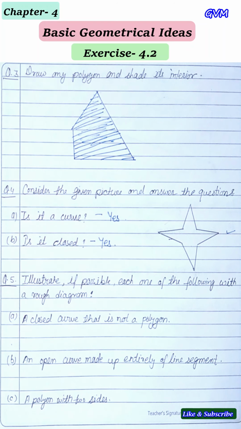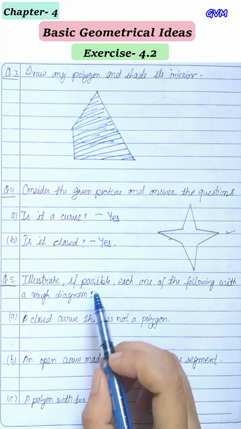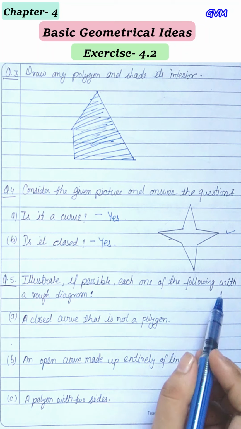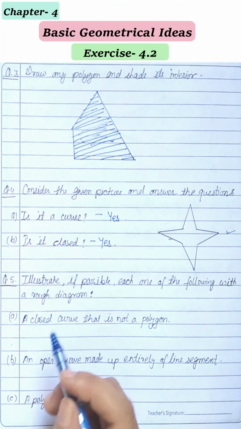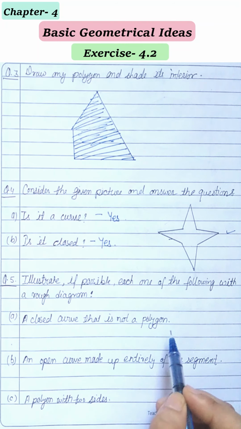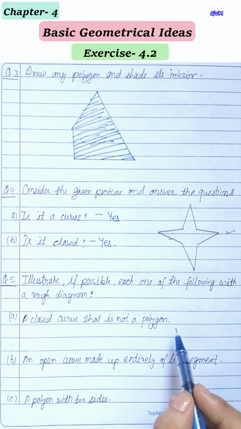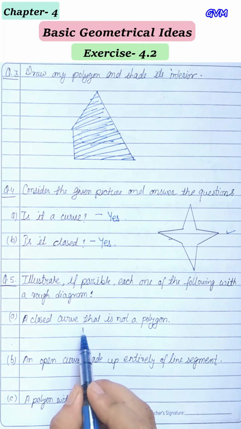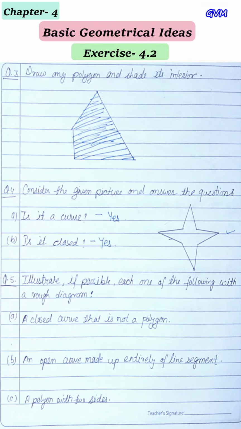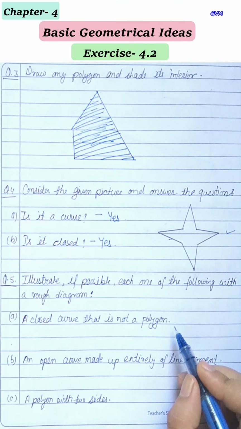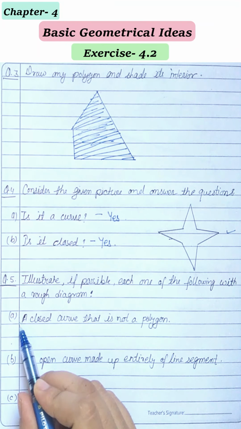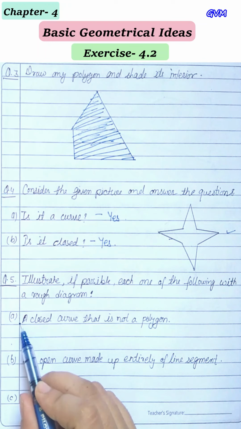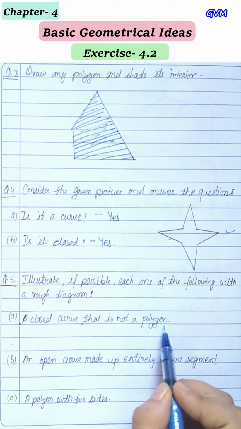Okay, question number 5 we have, illustrate if possible each one of the following with a rough diagram. So A part we have a closed curve that is not a polygon. So we have to draw a diagram of a closed curve that is not a polygon. So polygon की definition आप लोगों ने पढ़ी है that a polygon is a simple closed curve made of line segments. But we need to draw a rough diagram that is closed curve but not a polygon.